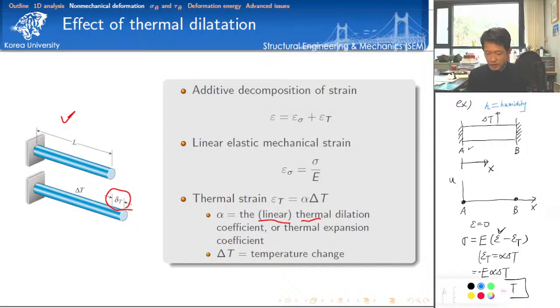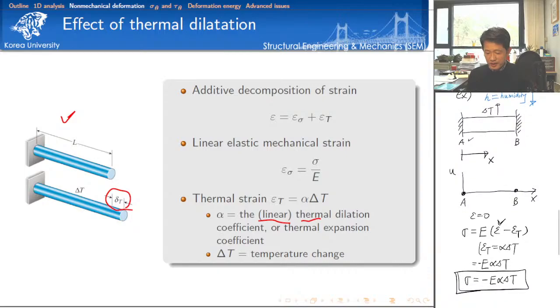Okay. Humidity drops, and then what's going to happen? Humidity drops. Then the material wants to shrink. That's why we have tensile stress inside the body. But two ends are fixed, not to move. Then it's going to introduce tensile stress. If the tensile stress exceeds the tensile strength limit, then cracks would develop.